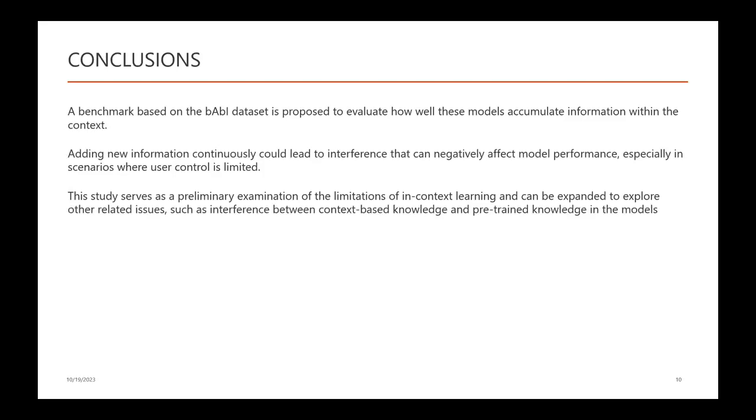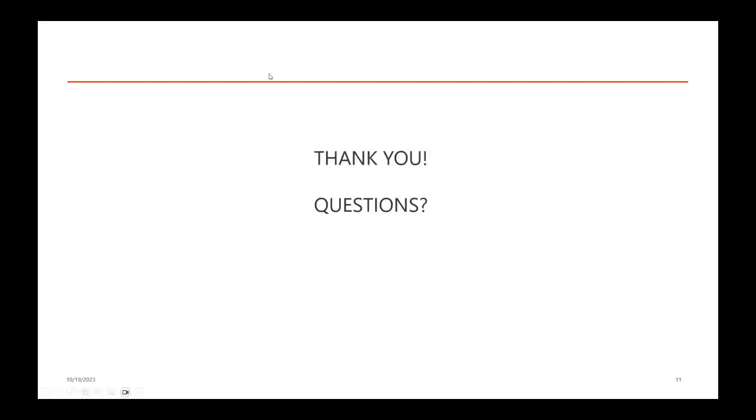But we know that this can be somehow fixed by doing certain things like summarizing the current context or removing some stories if you can, to have a longer context whilst having the model perform at its best. So thank you. If you have any questions.